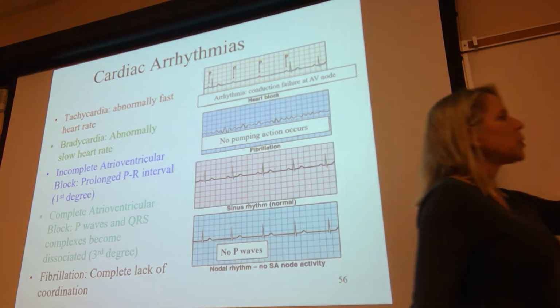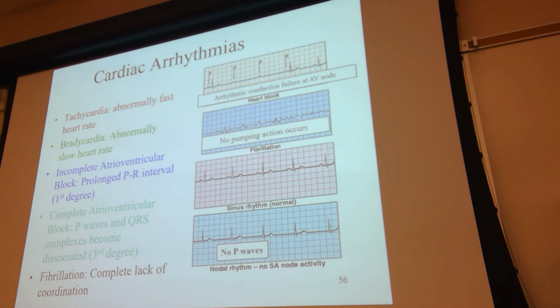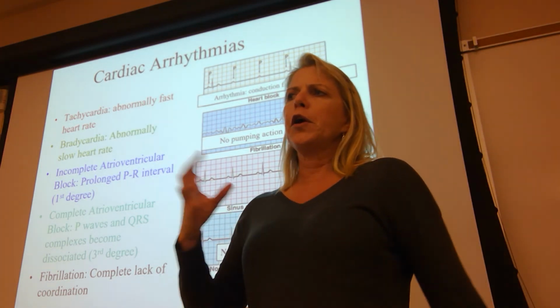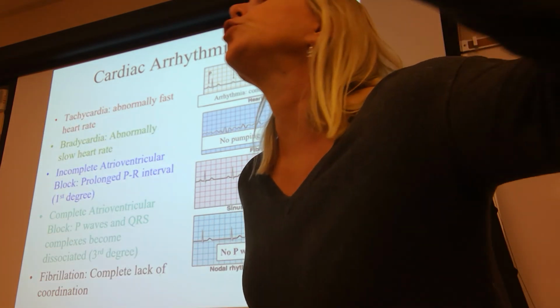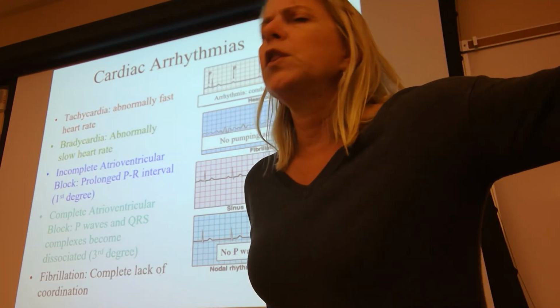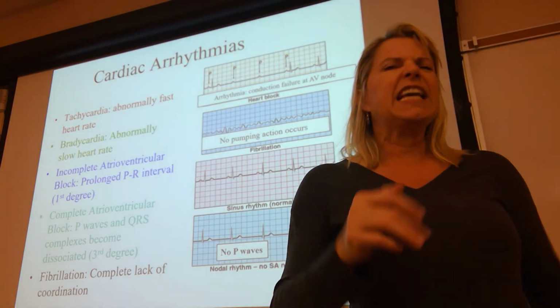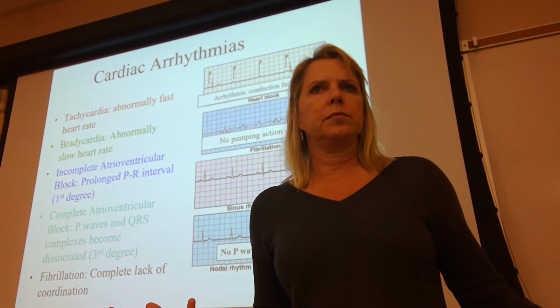The reason why we don't see atrial repolarization is because it's happening at the same time as the ventricles depolarizing, and the ventricles being so much bigger in muscle mass, their electrical event obscures the electrical event of atrial repolarization. It gets lost in the signal.